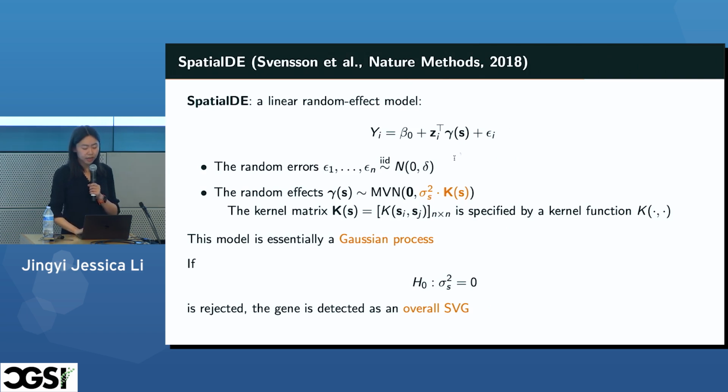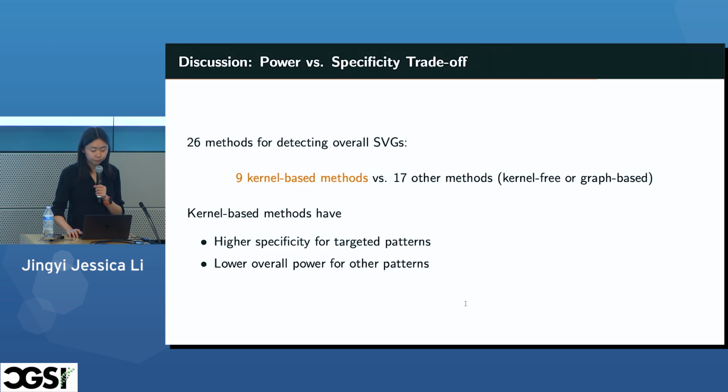Essentially, here the covariance matrix is assumed to be a scalar, sigma S squared, times a kernel matrix. And as I showed you before, the kernel can be a Gaussian kernel, a cosine kernel, or other kernels. Then the question for the null hypothesis is whether the scalar is 0 or not. So they want to test this null hypothesis. If they reject it, the gene is an overall SVG.